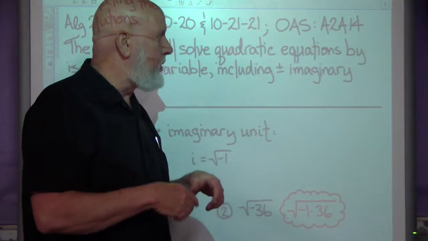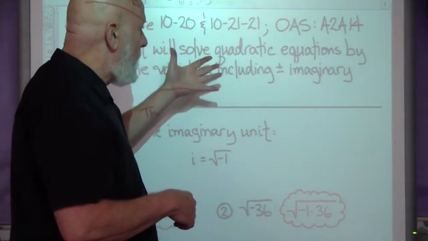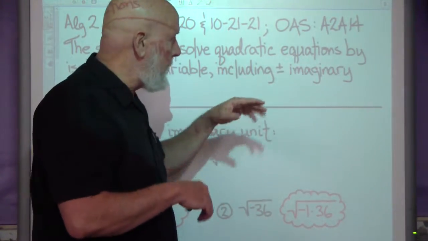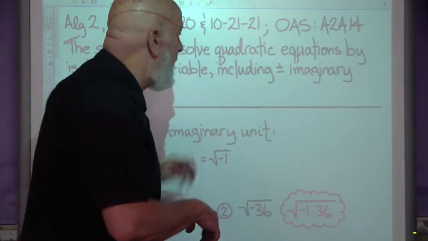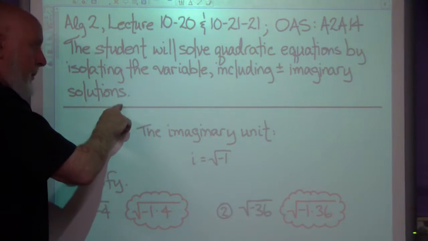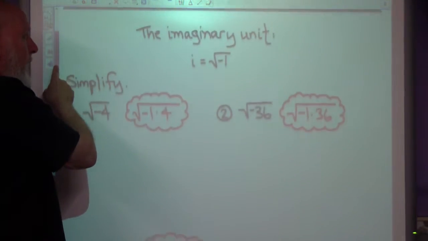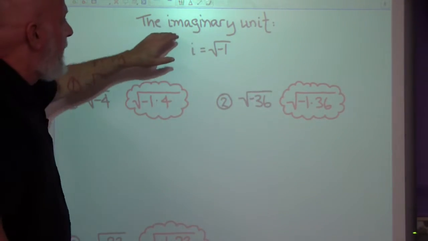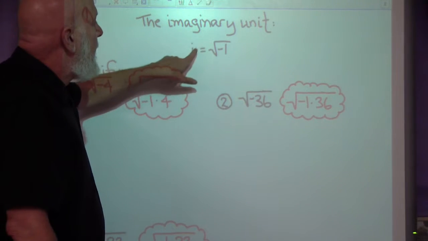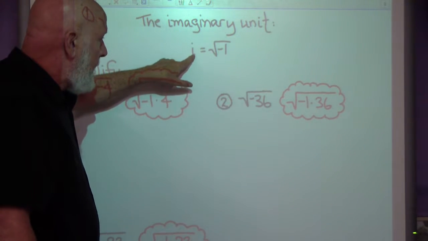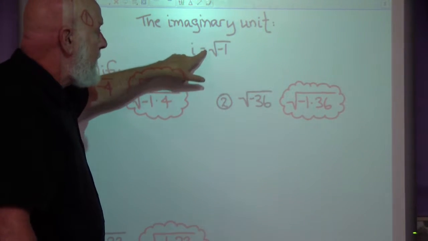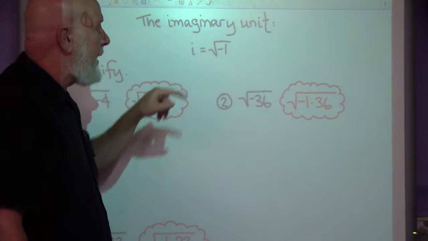because negative times negative is positive. So we needed to find a way to take square roots of negative values, and so we invented the imaginary numbers or the imaginary solutions. It's based on the idea of the imaginary unit, and here's what it looks like. The imaginary unit is the number i, and that is defined as the square root of negative 1.